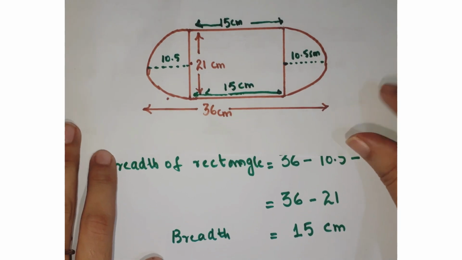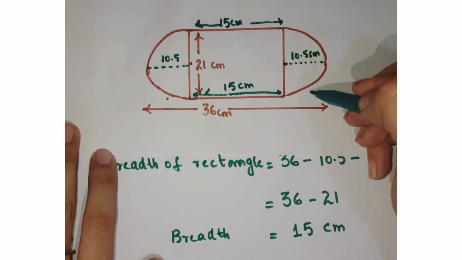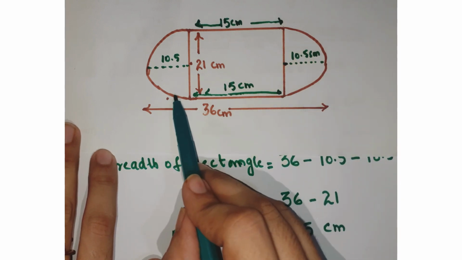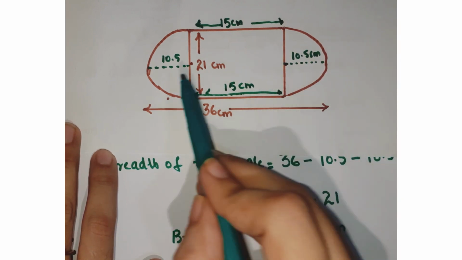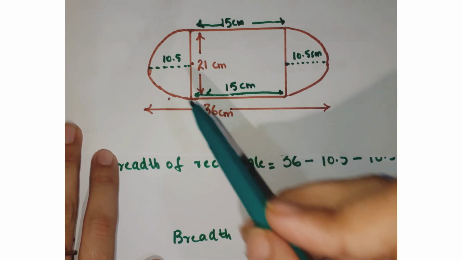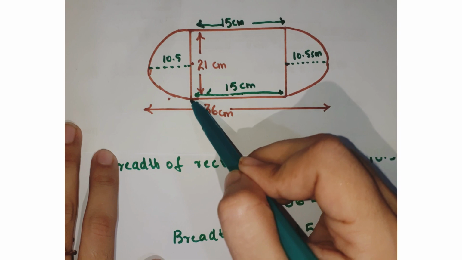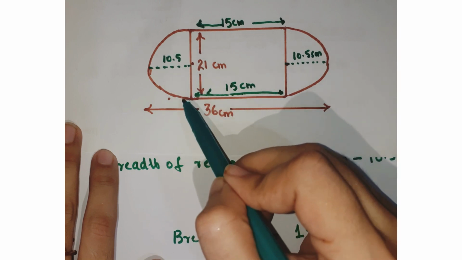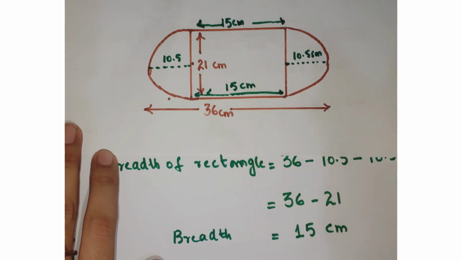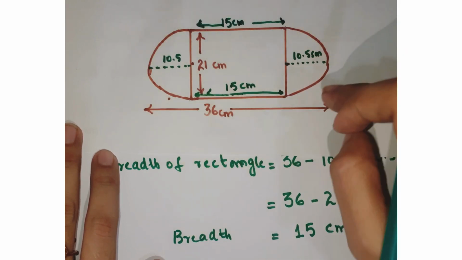Now we have to find the circumference of this circle, right? If you can notice that this is a semicircle and this is a semicircle, they have the same radius. Basically, this is one circle. So either you find the circumference of one semicircle and then multiply it with 2, or find the circumference of one circle as a whole, like this side and this side.